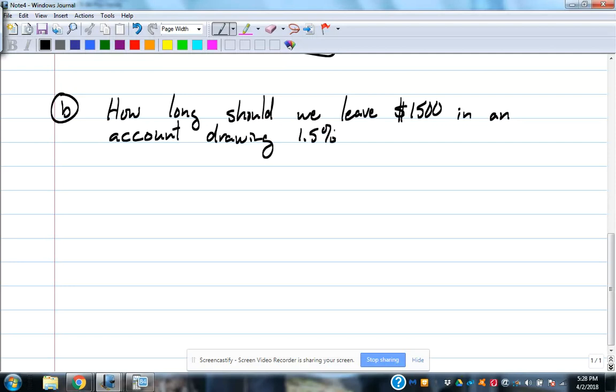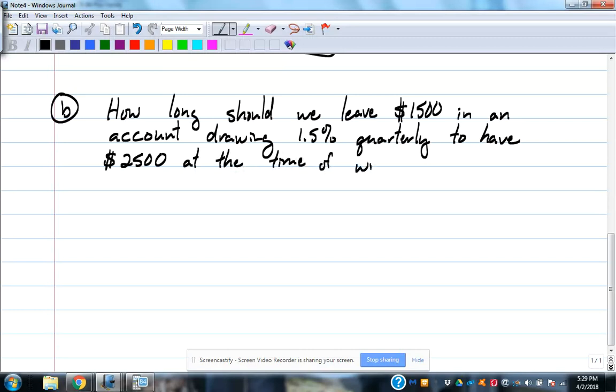Let's say it's not as good, and we could only find an account that's worth 1.5% interest quarterly, to have $2,500. How long are we going to leave it there to have $2,500 to gain $1,000?